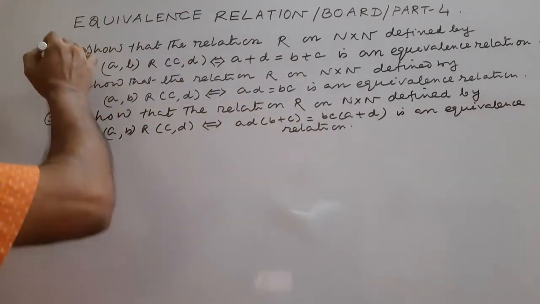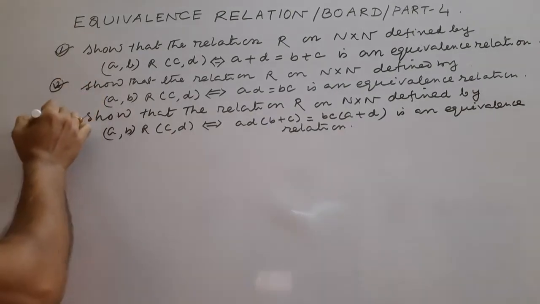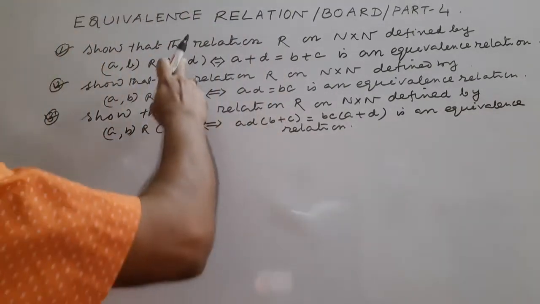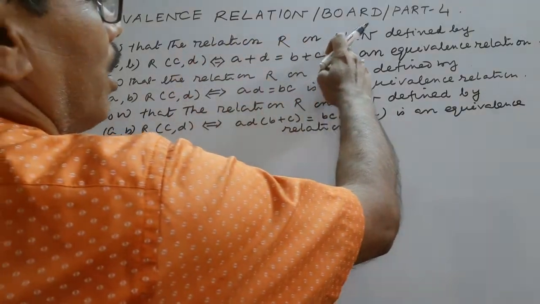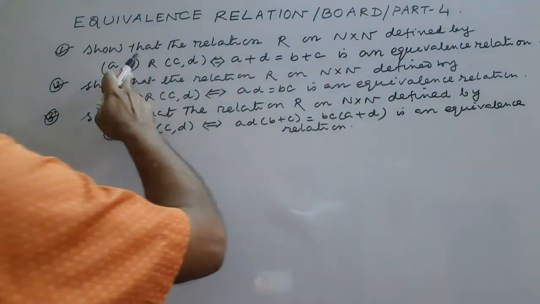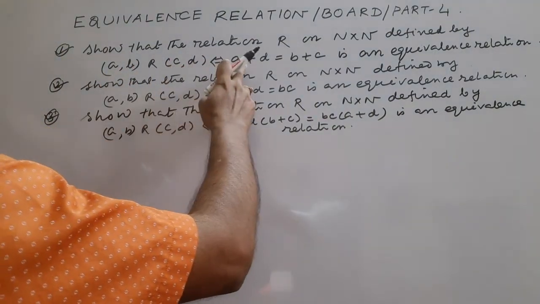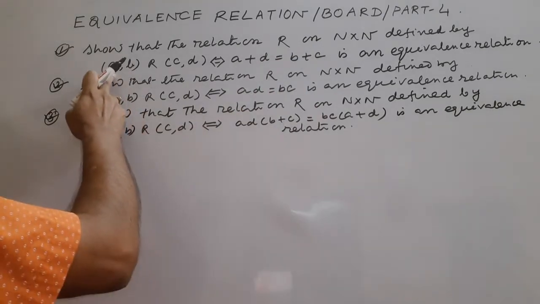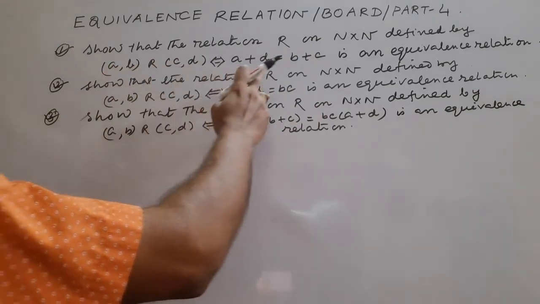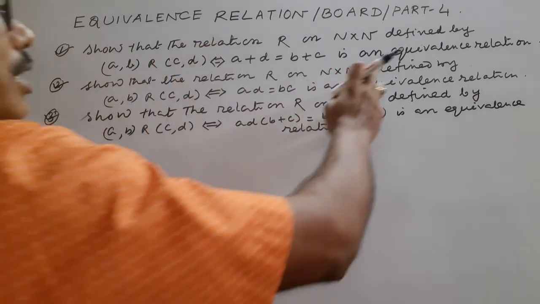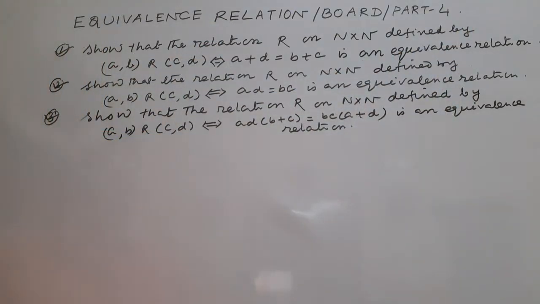Consider these three problems, they are of the same type. The relation R on N cross N, natural numbers, defined by (A, B) R (C, D) implies A plus D equals B plus C. First element plus last element, this is the second plus first, is an equivalence relation.